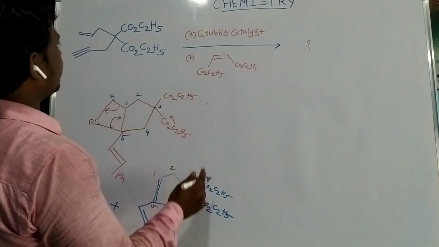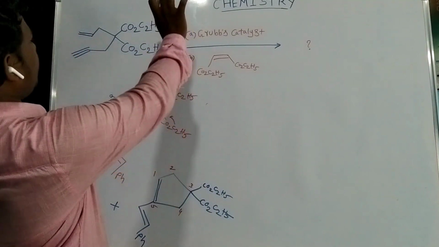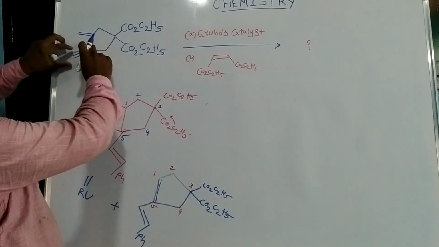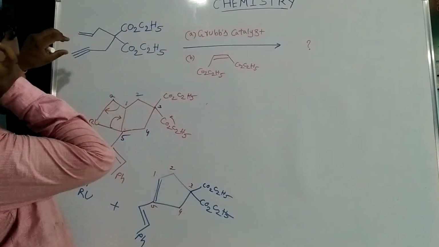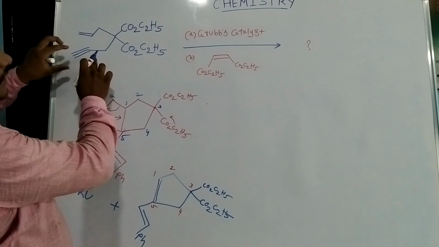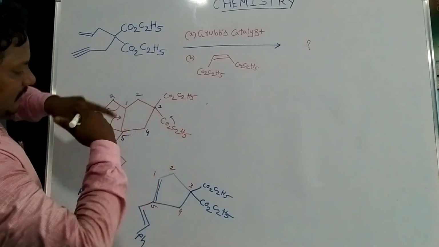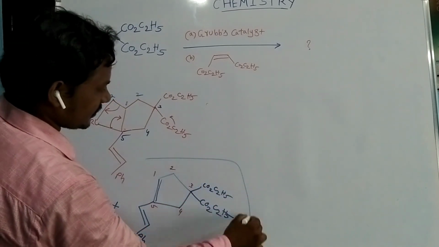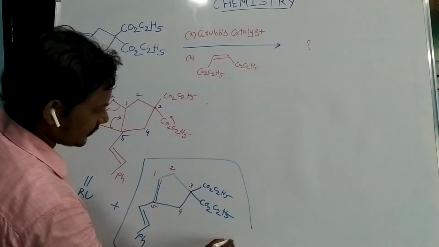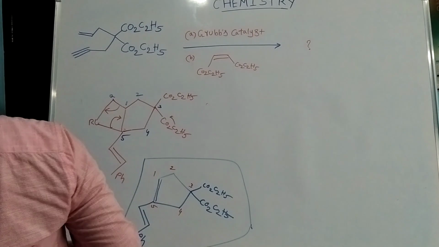This is step 1. Here, what is the reaction? He has given an yne and an ene. Okay? The substrate is reacting with the ene only. After enyne metathesis, this is the first step. Okay?